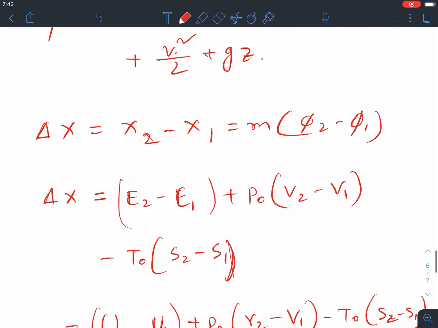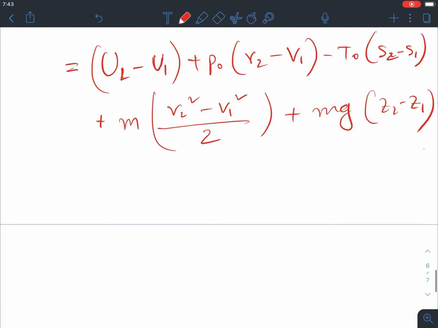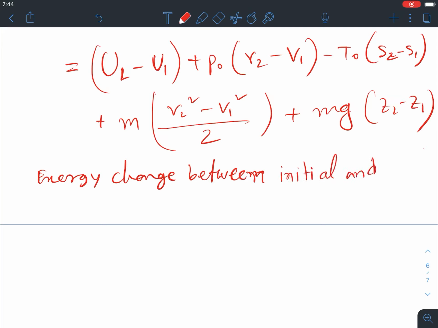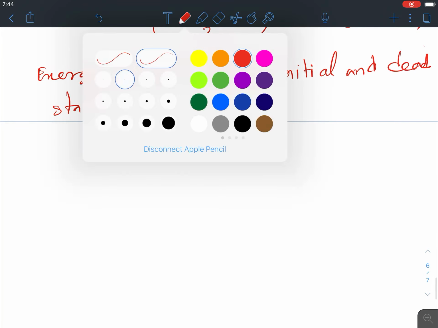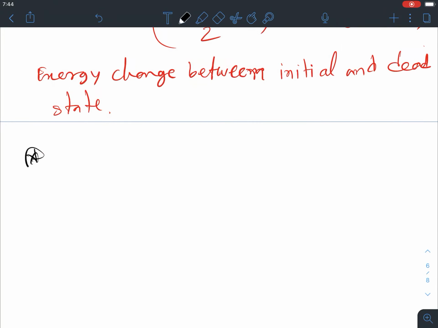So that's the relationship for the exergy change between the initial and dead state, right?